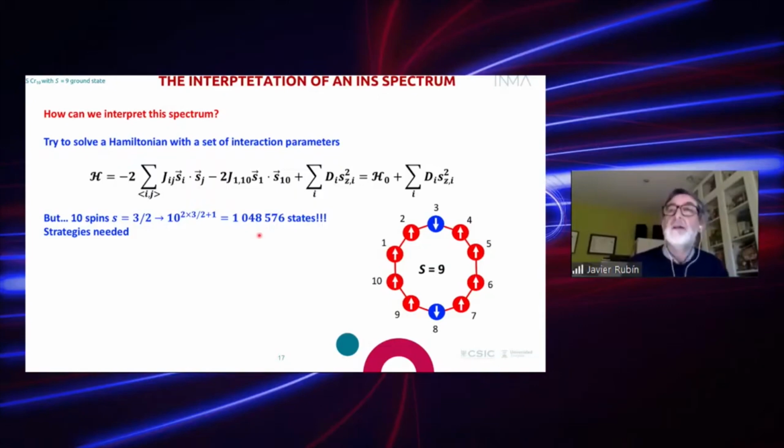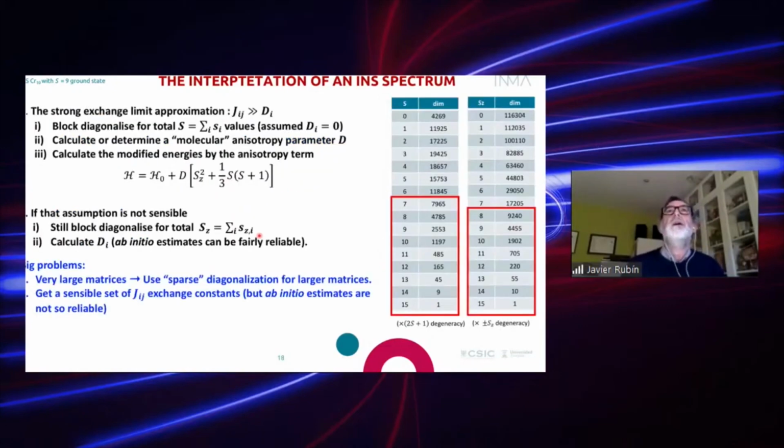So we need some strategies to solve this problem, because it is not possible to do it completely. What we can do is to use a strong exchange limit approximation. This has been very usual, mainly when the exchange interactions are much larger than the anisotropy constants.